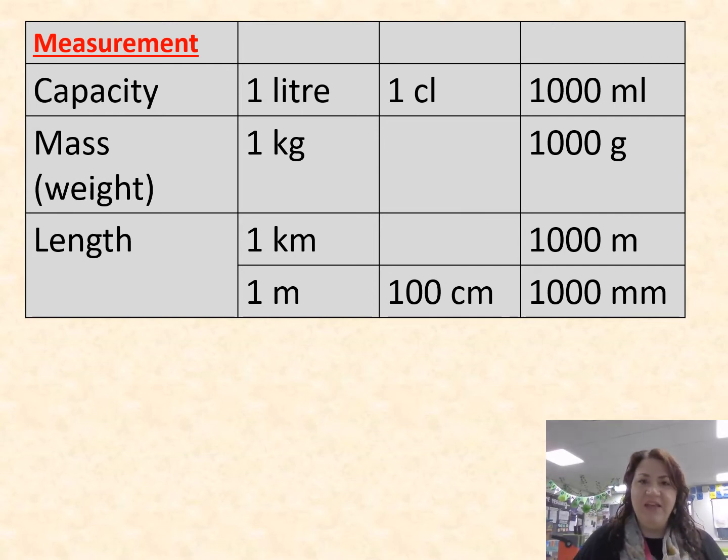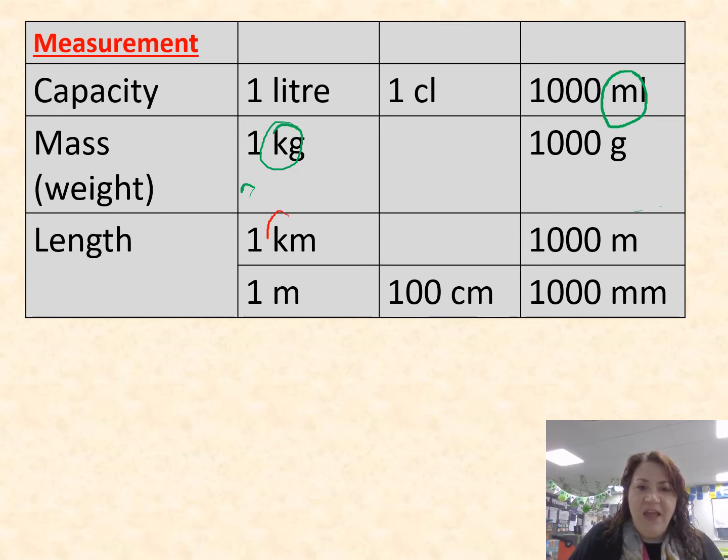Remember, kilo means 1,000. What I find quite interesting is in capacity, you have the 1,000 part in the smaller unit, whereas in the mass, you have the 1,000 part in the larger unit, in the kilo. I find that quite interesting.